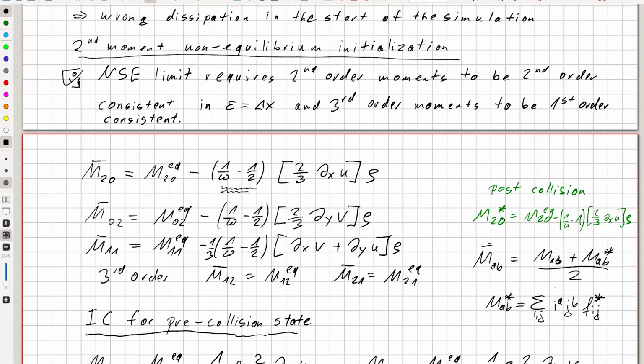You would initialize M20 if you start with a collision. If you intend to start with streaming, then you would have to initialize M20 star. So will we have two arrays for each M?